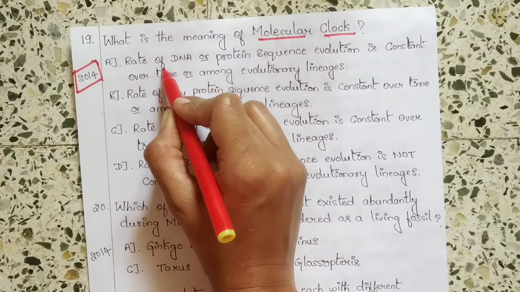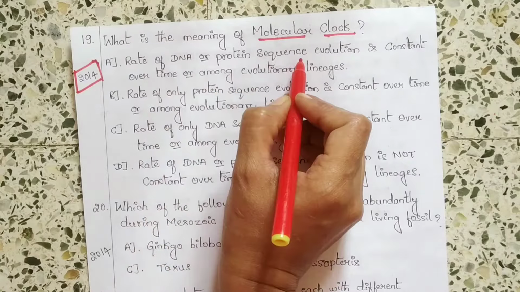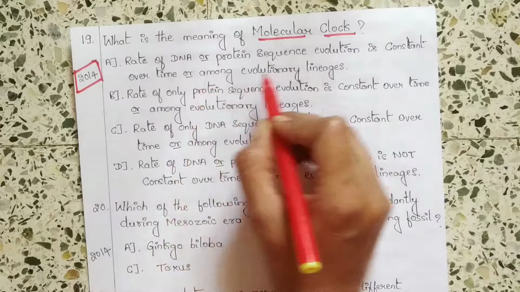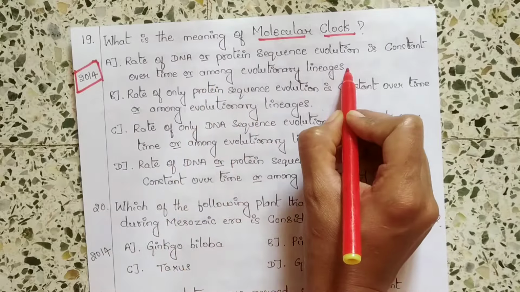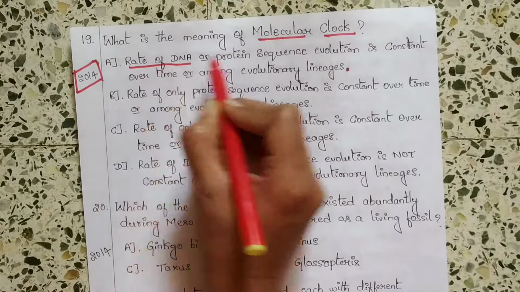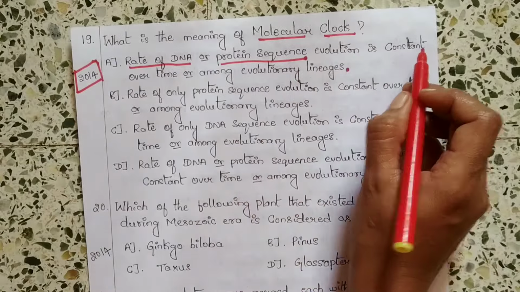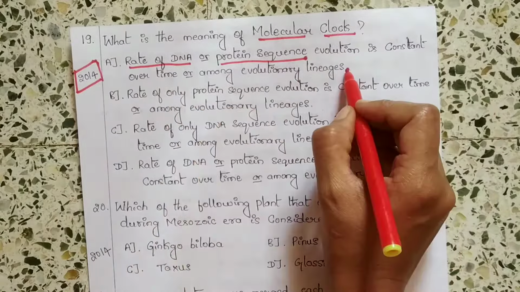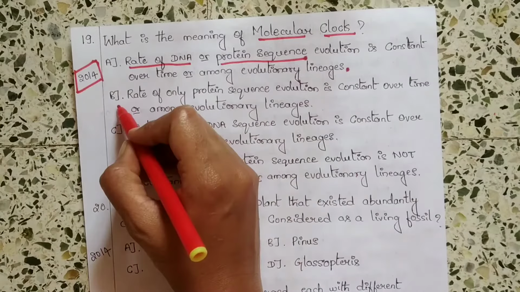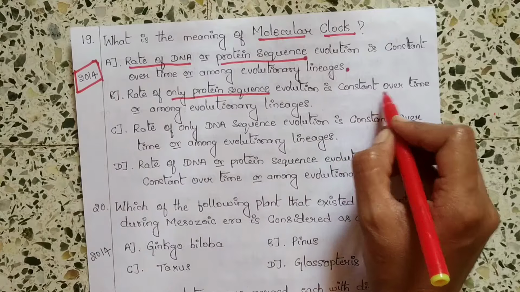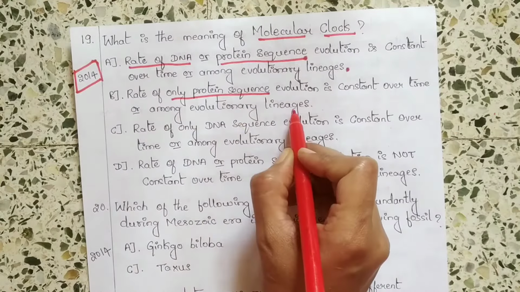First option, the rate of DNA or protein sequence evolution is constant over time or among evolutionary lineages. Second option, the rate of only protein sequence evolution is constant over time or among evolutionary lineages.